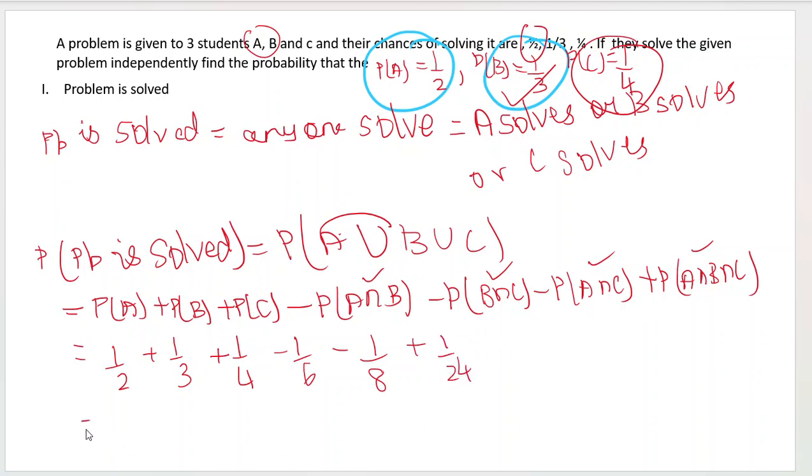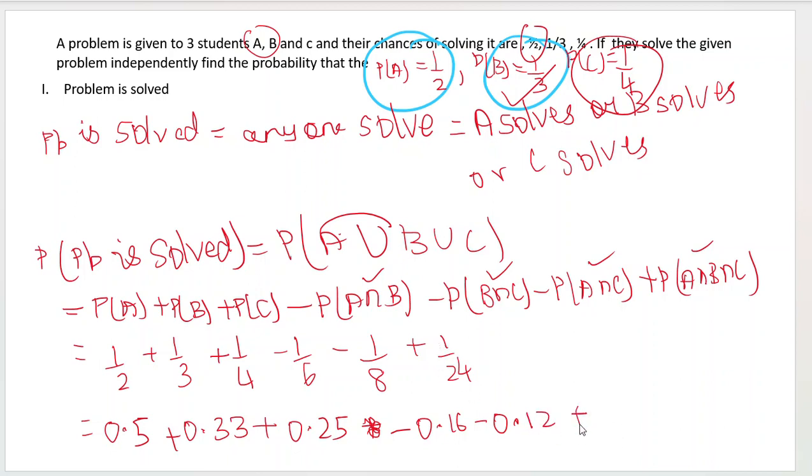Next we use a calculator and we divide. 1 upon 2 is 0.5. 1 upon 3 is 0.33. 1 upon 4 is 0.25. Minus 1 upon 6, this minus sign is there, 1 upon 6 is 0.16. Minus 1 upon 8 is 0.12, plus 1 upon 24 is 0.04.